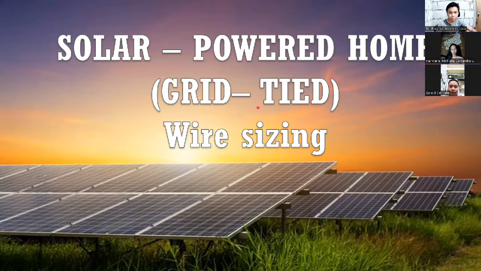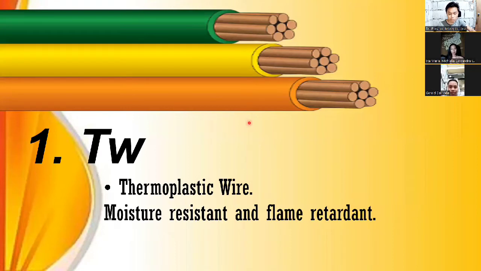Solar-powered home. Sizing, wire sizing. So number 1 is TW or thermoplastic wire, moisture resistant and flame retardant. Next po.